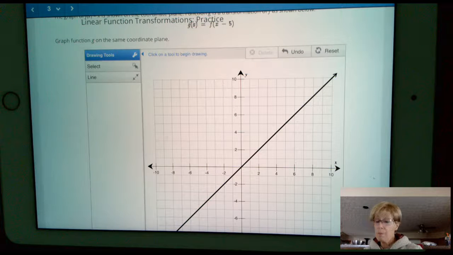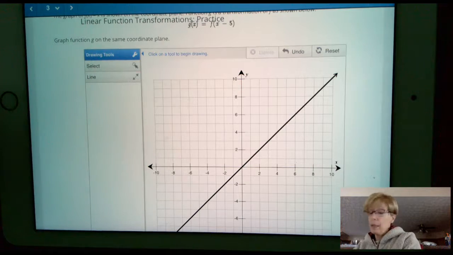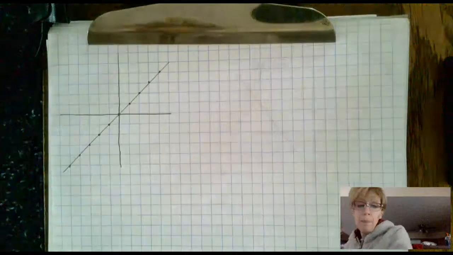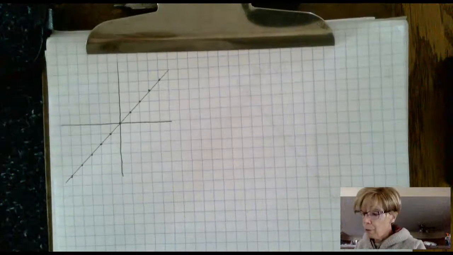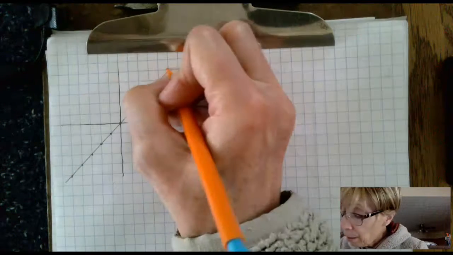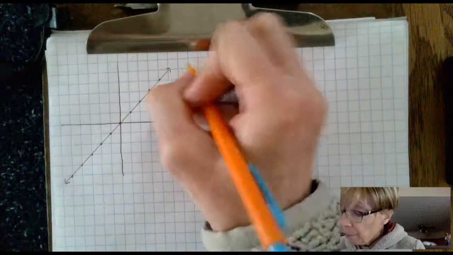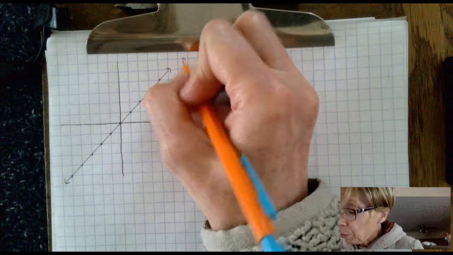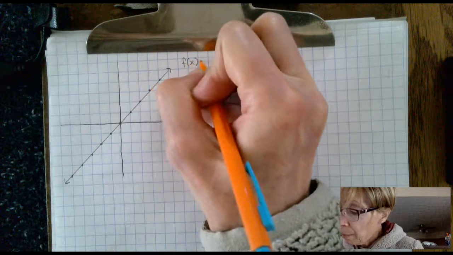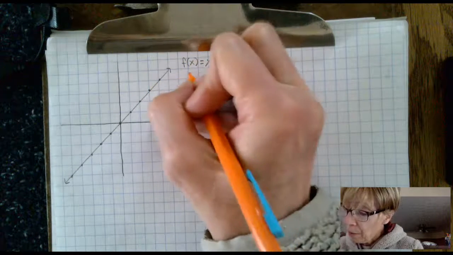And what's going to happen is, again, we are figuring out, well, what does f of x minus 5 mean? Well, f of x minus 5 means that we're going to move our graph right 5 spaces. Everything else stays the same. We're just moving it 5.